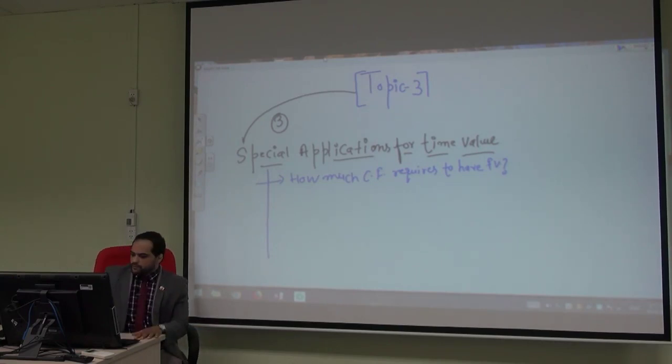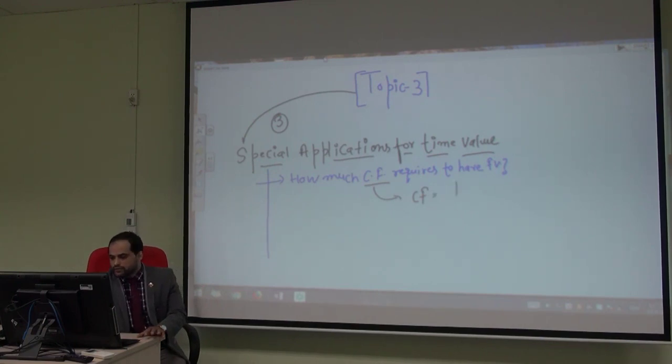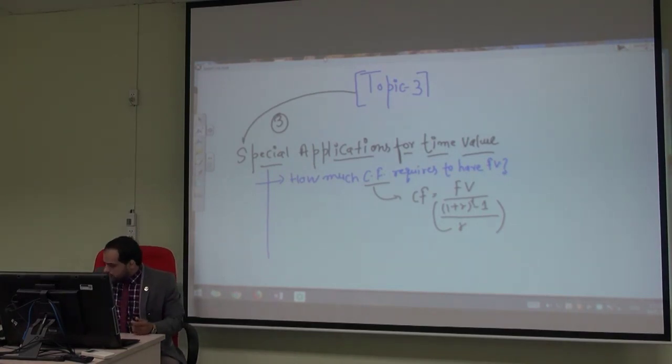So what will be the formula? I repeat, future value is given, and we're going to calculate the cash flows.